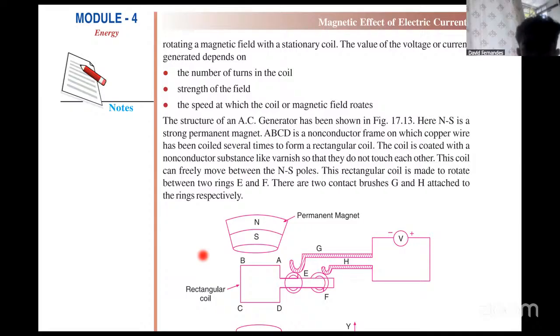The coil is coated with a non-conductor substance like varnish so that the turns do not touch each other. This coil can freely move between the north and south poles. This rectangular coil is made to rotate between two rings E and F. There are two contact brushes G and H attached to the rings respectively.